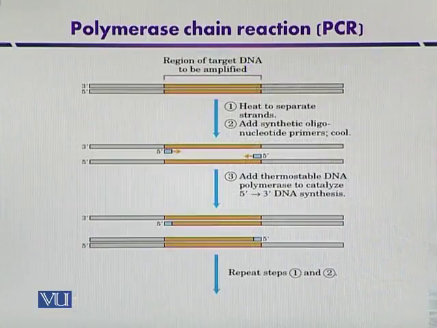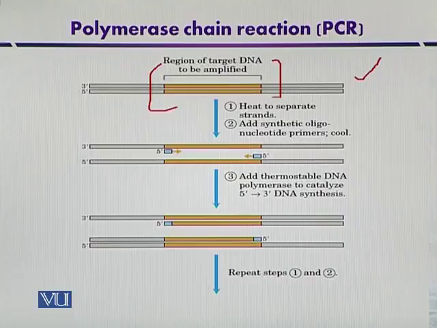Here we can start with a single segment or fragment of the DNA that we want to amplify, and within this single fragment, which is double-stranded, we have a specific locus that we have targeted for sequencing.